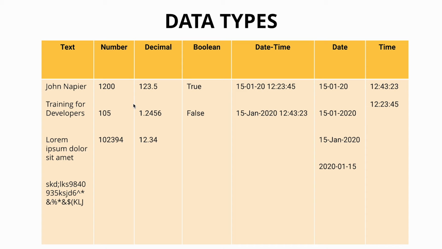And then we have date time, date and time. The date time data type is used whenever we are representing a particular time along with the date. The best example will be today at 3:05 p.m. Today's date is 28 September, 3:05 p.m.